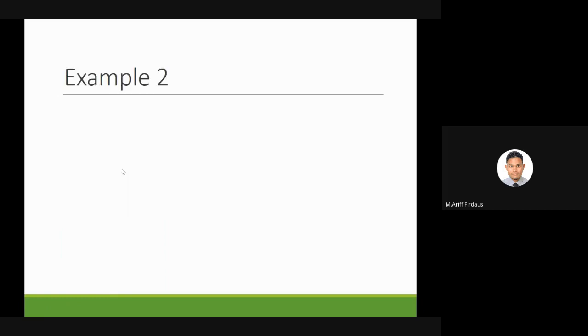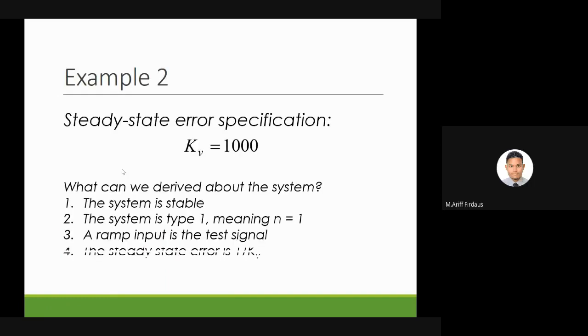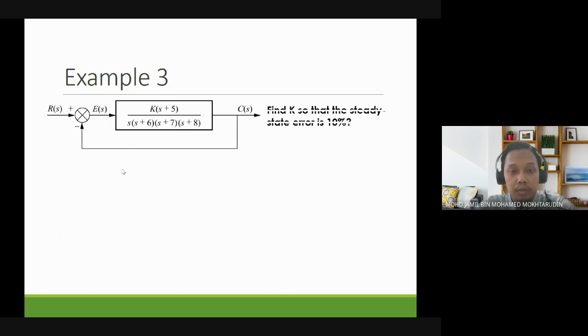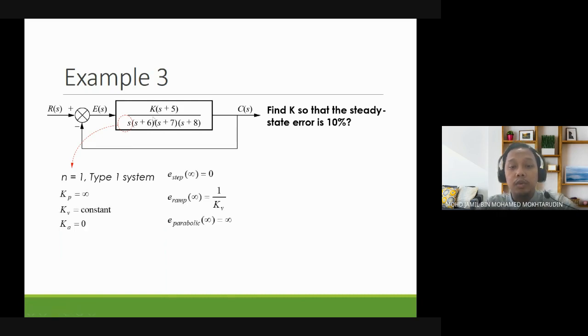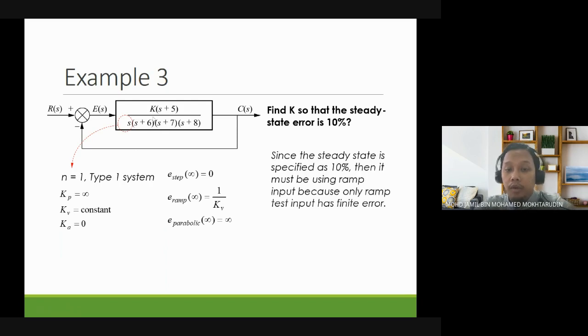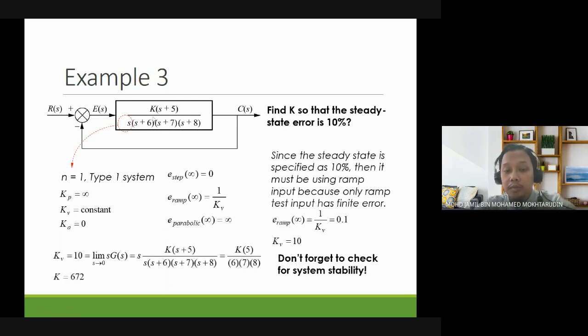So it's different from example 3. In example 3, we know that this is G(s), the top one here. We want to reverse the process. We want to find Kv, we want to find the value of K. We reverse the process, we use the limit. The limit is on G(s) only, not T(s).